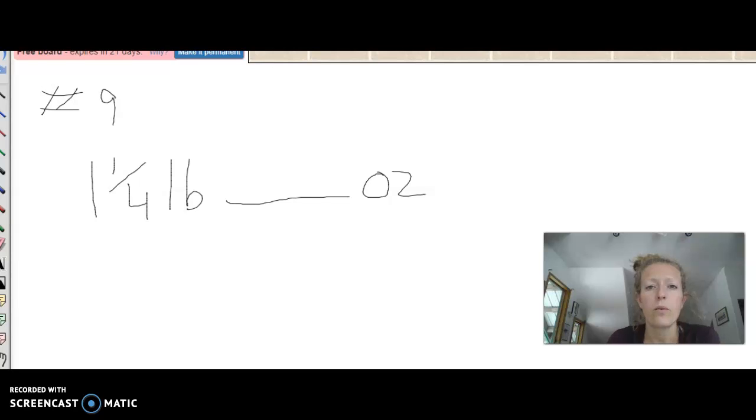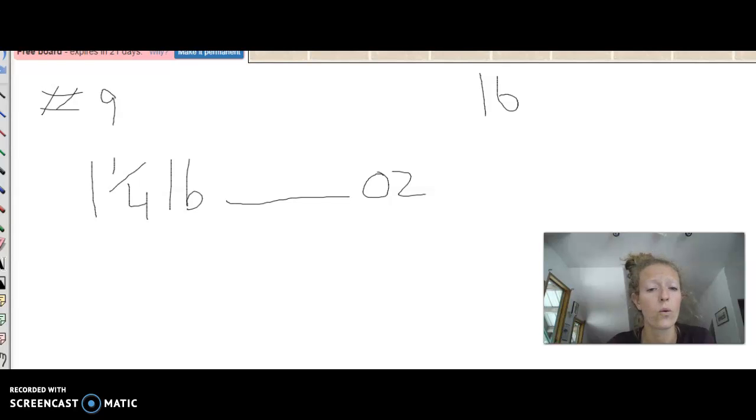We know that 1 pound equals 16 ounces, right? So when we look at that whole pound, we know right away we're going to have at least 16 ounces, correct? So all that's left is finding out how many ounces are in 1/4 pound.